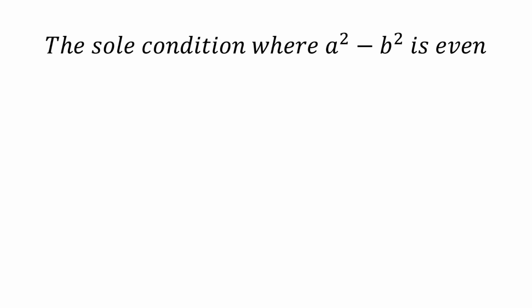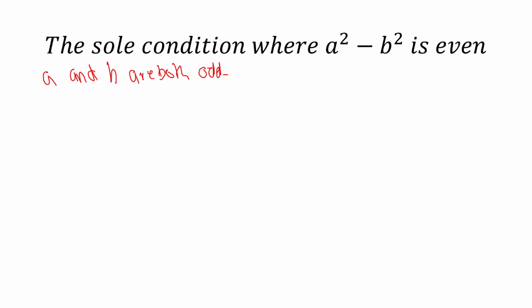So now we're at the sole condition where a squared minus b squared is even, a and b are both odd. However, if we investigate this further, you can kind of tell that I'm gearing us towards a and b can't both be odd either, because the whole point of this is it's a contradiction. Everything that I'm trying to prove is going to become wrong.